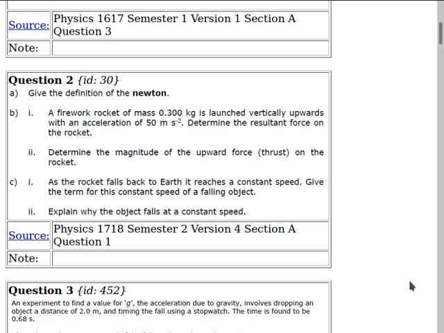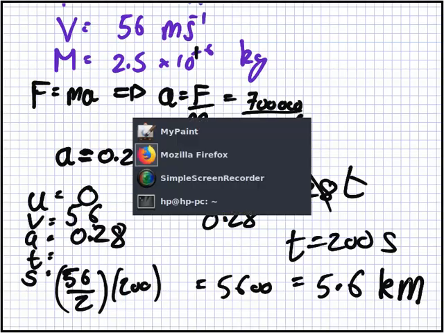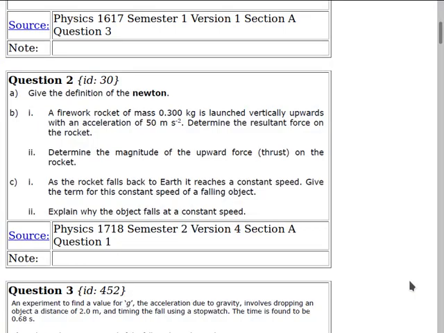Well, part A is fine. What's the definition of a Newton? A newton of force is what causes 1 kilogram to accelerate by 1 meter per second squared. We gave you that definition in class yesterday. Is it the B or the C? B part, okay.